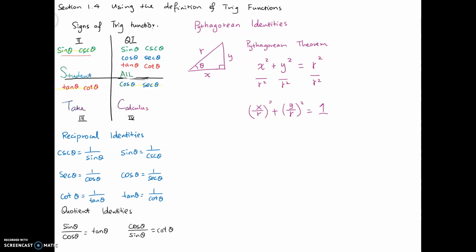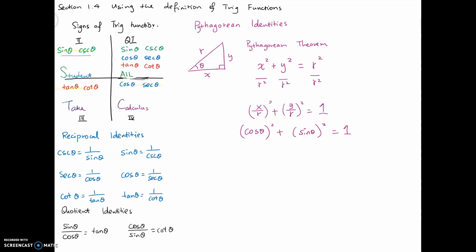From the previous one, x over r and y over r represent cosine theta and sine theta. So I can replace them with cosine theta squared plus sine theta squared equals 1. We do not want to have the parentheses around it, so we're going to simplify it by removing the parentheses.